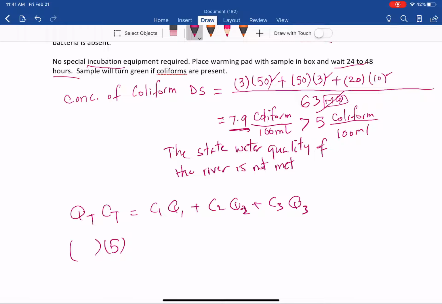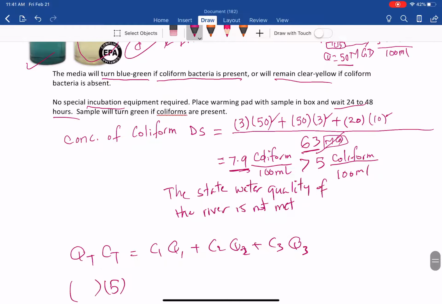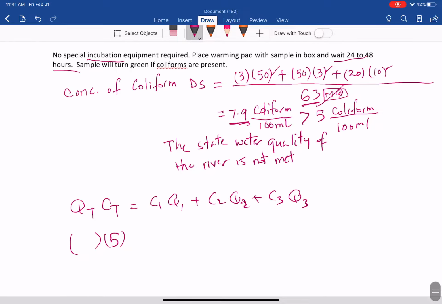What is the discharge total? We just mentioned that: 63 million gallons per day, adding up all the discharges. I'm not putting units here because they will cancel out, since all the discharges have the same million gallons per day, and the concentrations cancel with each other.